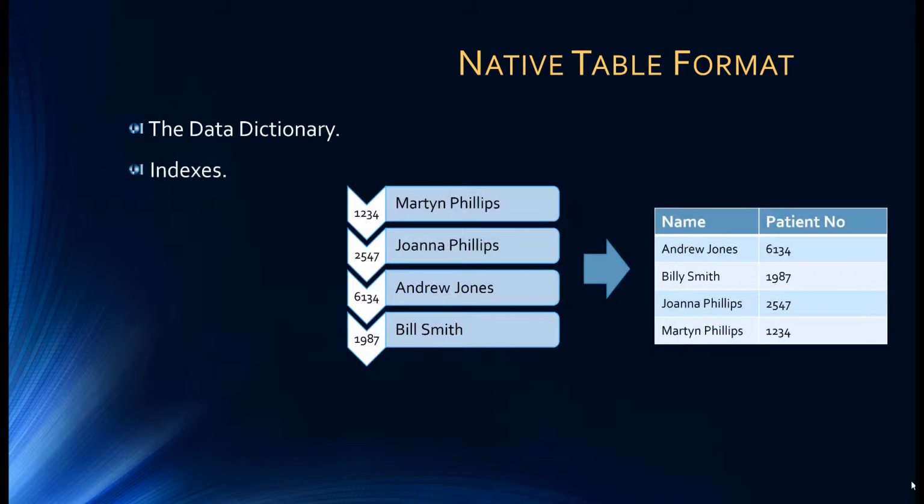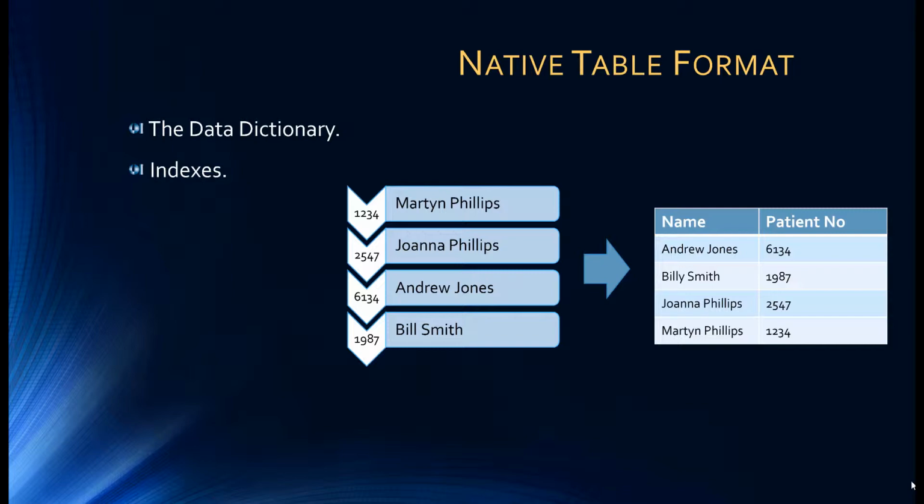Indexes are important within a system, and there are a number of indexes that we can create. There's bitmap indexes, relational indexes, B-tree indexes, and I'm not going to go into any detail on any of these because a lot of it goes over my head. But the key thing here is, if you've got an index on the system, you can either go straight to the ID to get the information.